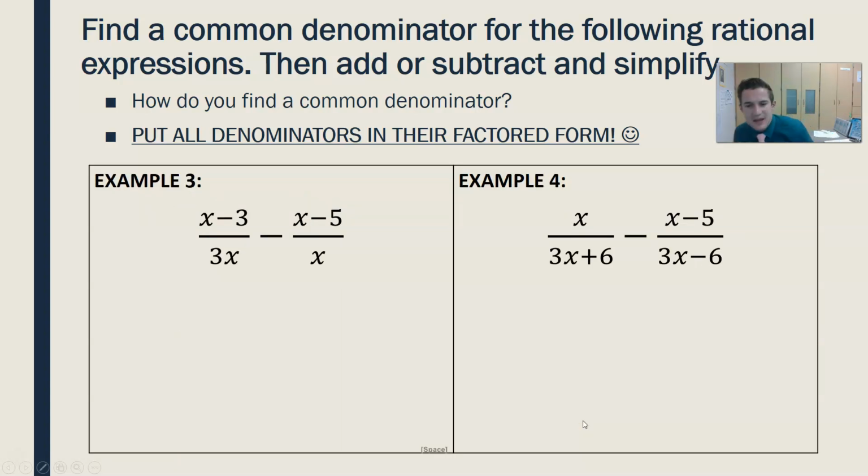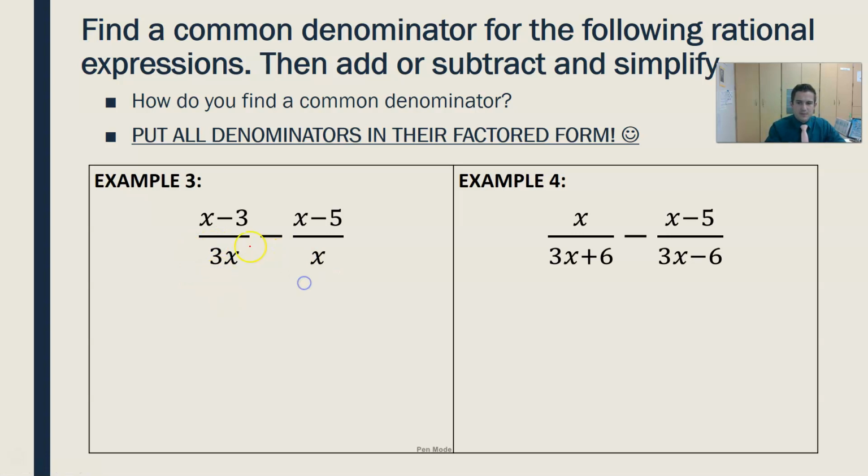Okay, now let's look at some examples where I don't necessarily have a common denominator. So, for example, here I have x minus 3 over 3x minus x minus 5 over x. So I have 3x in the denominator here, x in the denominator here. I can't do anything here until I get a common denominator.